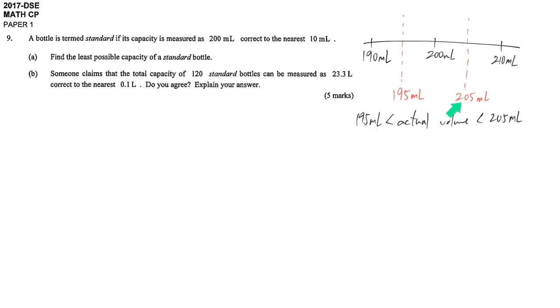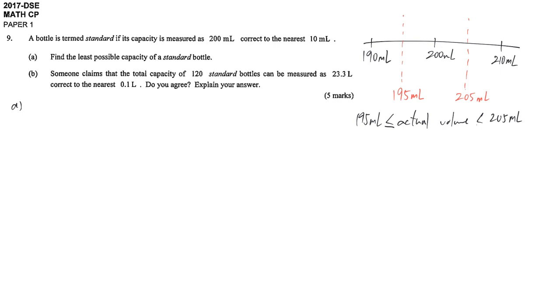However, if it is exactly 205, then you consider it as 210 ml. So that's why this cannot be equal. We have this sign if we ask you about the actual volume. But this time we just ask you the least possible value, so you just need to answer 195 ml.